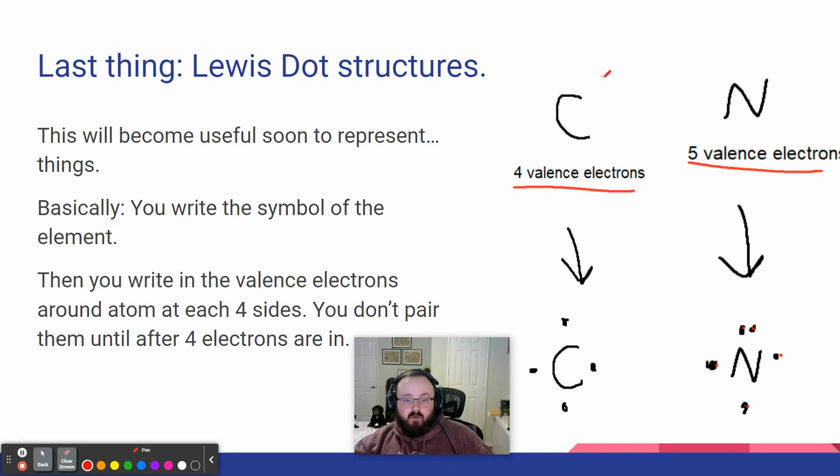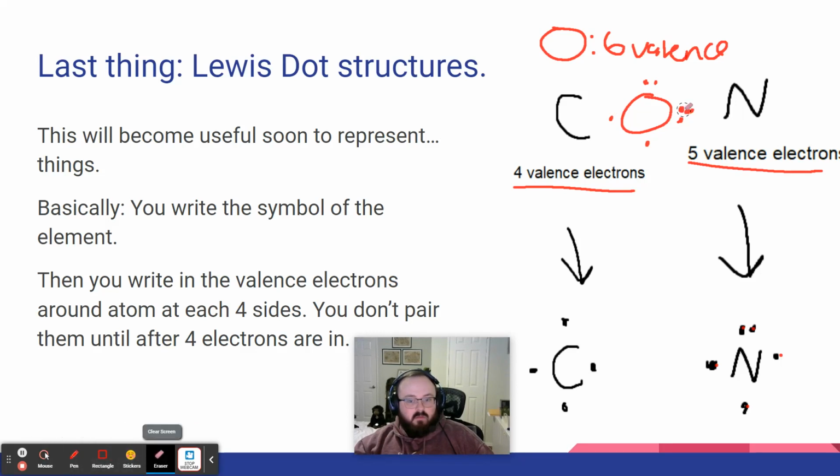I'll do another example. Oxygen, which we saw had 6 valence electrons. For our last slide, here's oxygen. You go 1, 2, 3, 4, 5, 6. Actually, this should be here for being really, there we go.